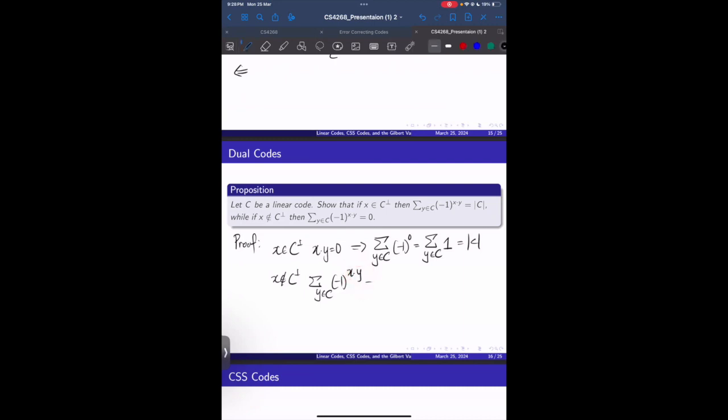So this whole thing equals 0. Let's keep this in mind because this will be very important in our CSS codes.